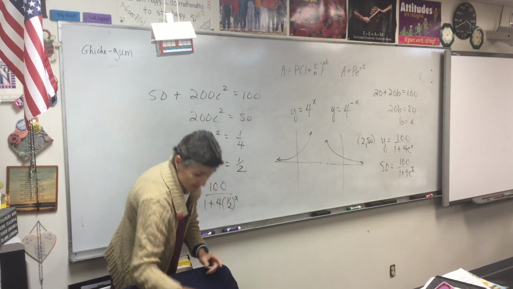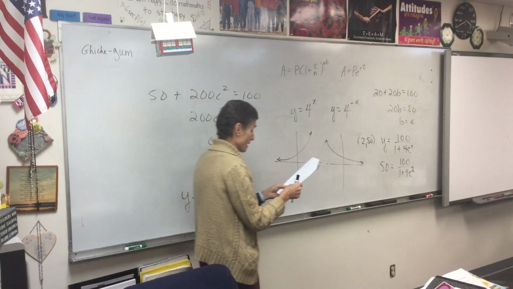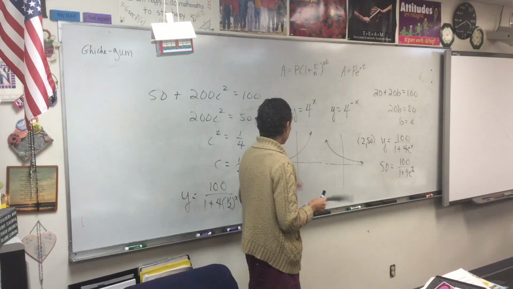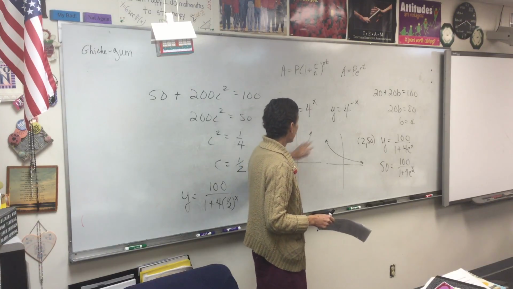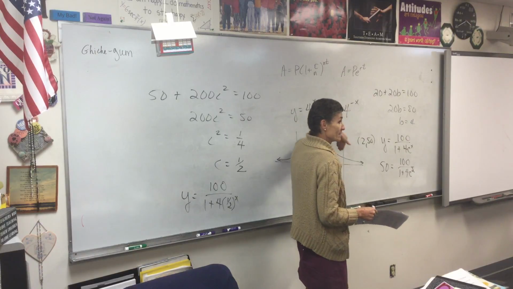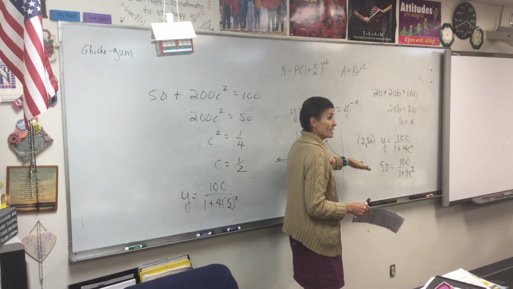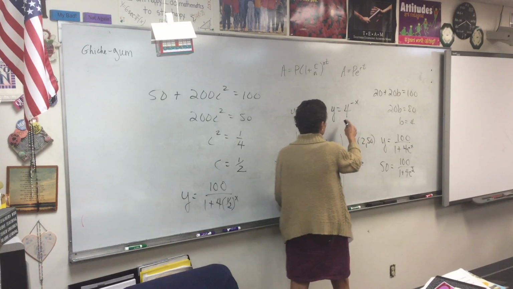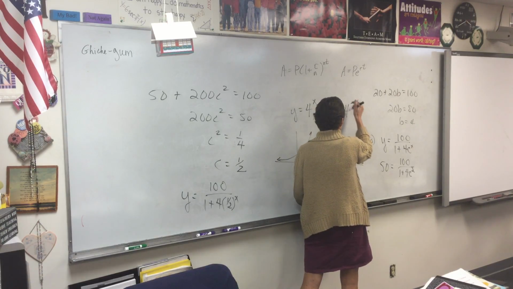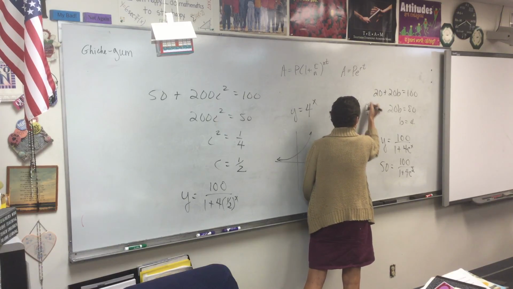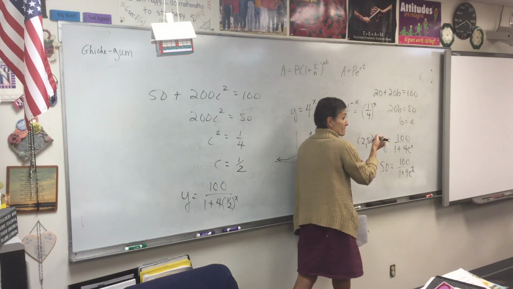So the question says, compare them, which represents growth, which represents decay. This one, 4 to the x, is growth, 4 to the negative x is decay. And that should make sense to you, because what's another way of writing 4 to the negative x? 1/4 to the x.